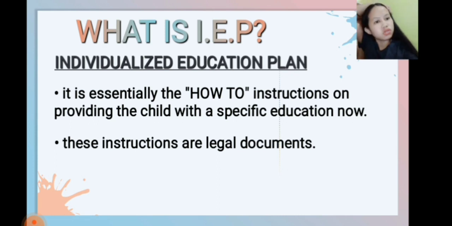As introduced in the previous chapter, it is developed by a team of professionals together with the guardian of the child, covering the learner's performance level and measurable annual goals.